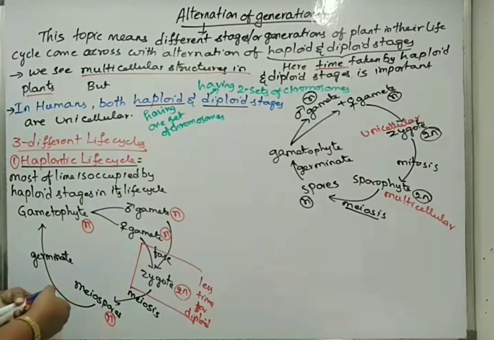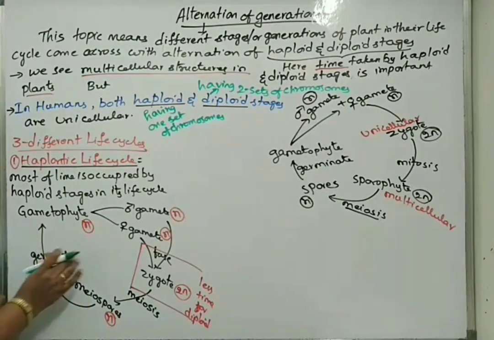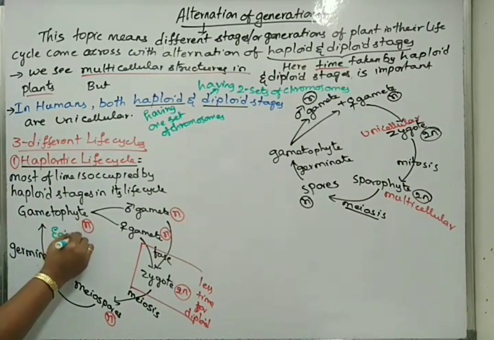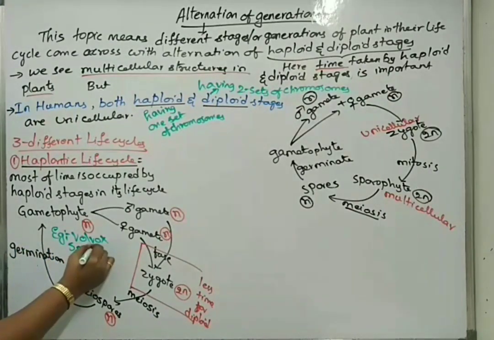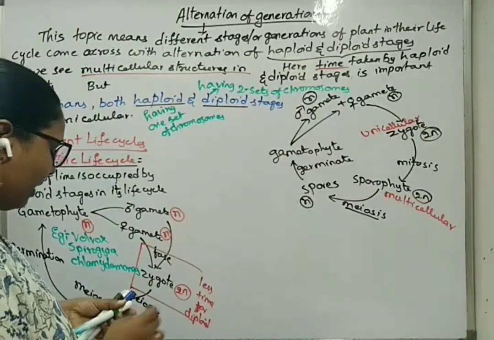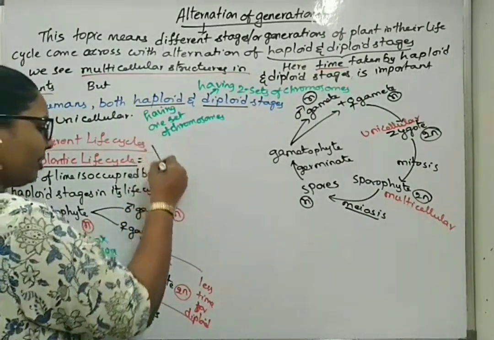In which organisms do we see it? We see the haplontic life cycle in Volvox, Spirogyra, and Chlamydomonas. Next, we will see the diplontic life cycle.